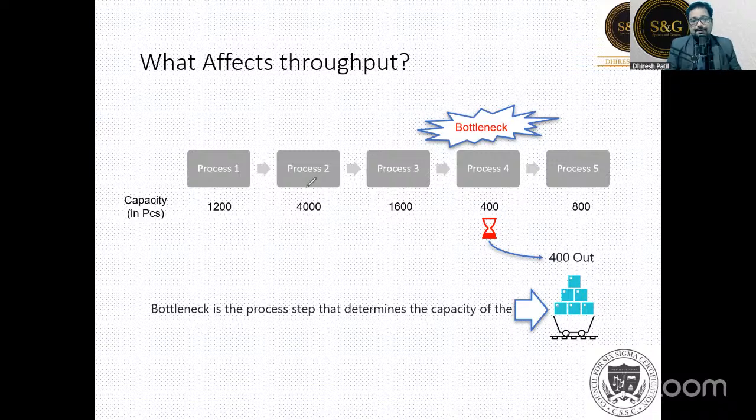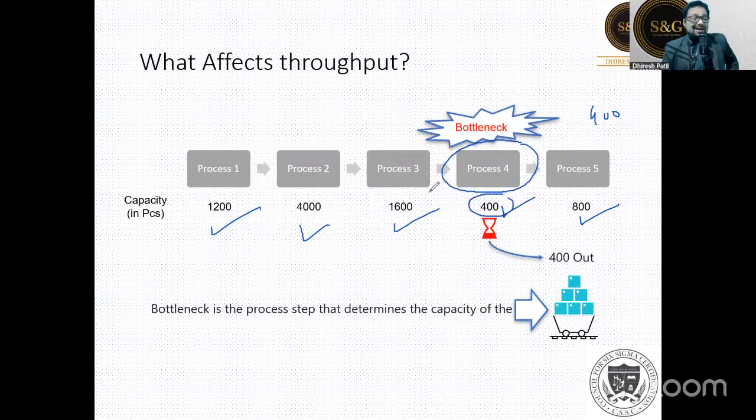So here you can see process 1 has 1200, process 2 has 400, process 3 has 1600, process 4 has 400, and process 5 has 800. Why are they only producing 400? Because they have a bottleneck at process 4, which can only produce 400.